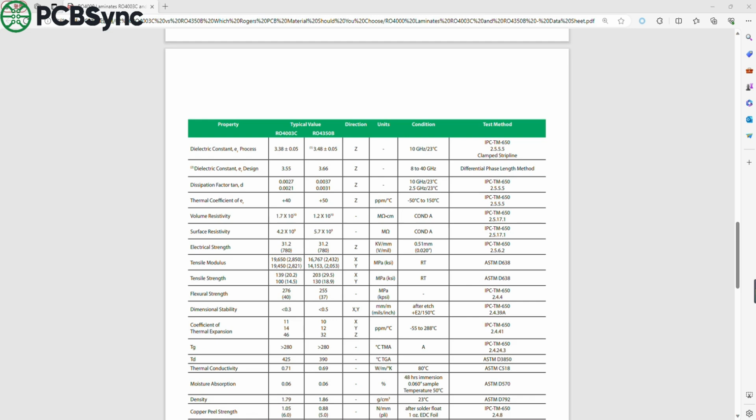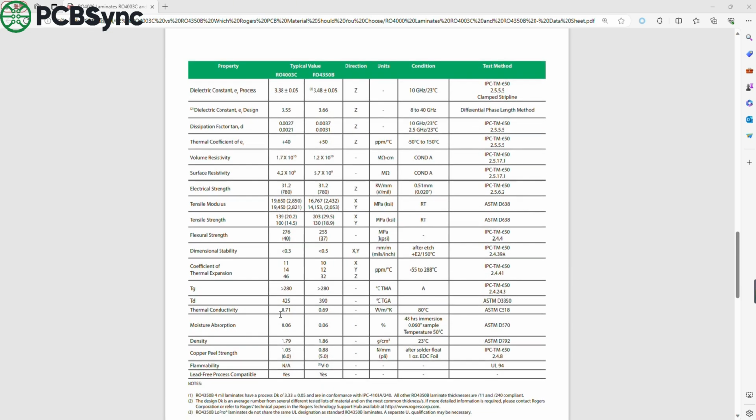Besides Dk and Df, you also need to look at thermal properties and certification requirements. Let's take a look. The Z-axis coefficient of thermal expansion for RO4003C is 46 parts per million per degree Celsius. For RO4350B, it's 32. Both materials have a decomposition temperature above 280 degrees Celsius.